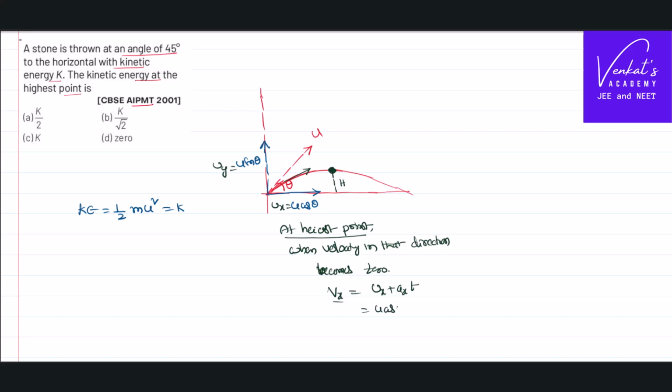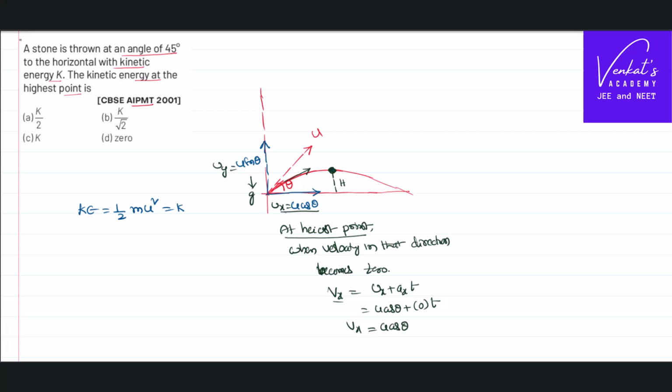Ux is u cos theta, the horizontal direction's initial velocity. Acceleration along the x direction is 0, because the only acceleration acting here is acceleration due to gravity along the y direction, whatever the time. So Vx also becomes u cos theta. What happens to Vy is the point that we need to discuss.